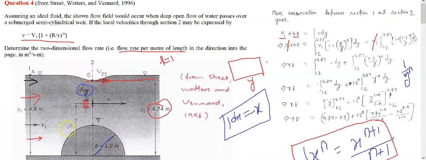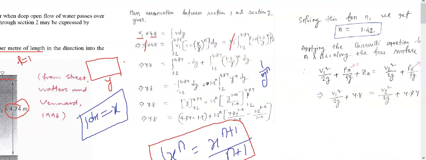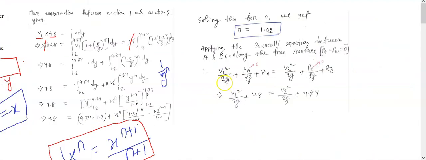Along the free surface, if we use the Bernoulli principle, you already know the mathematical formulation: v1 squared over 2g, p over rho g, and z. This is for section A or section 1, and this is for section B, or section 2.